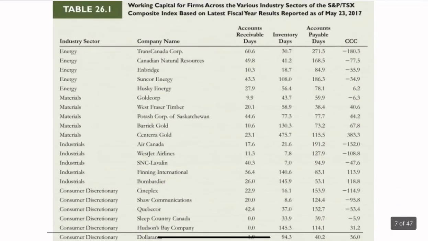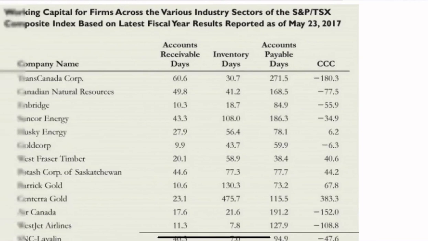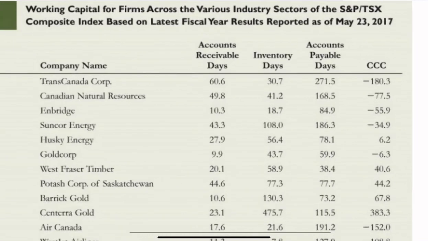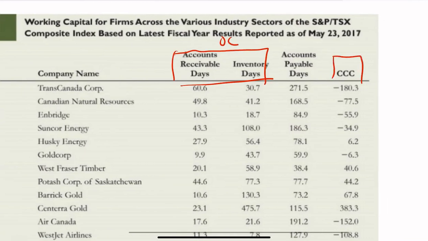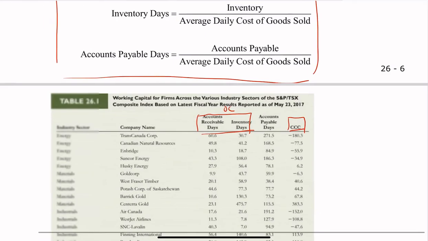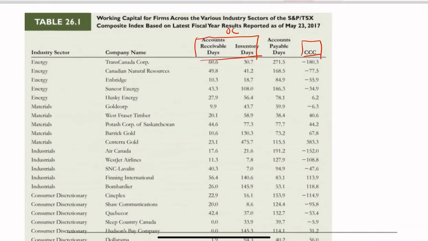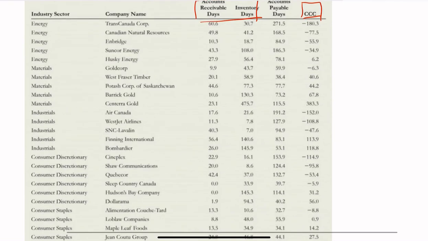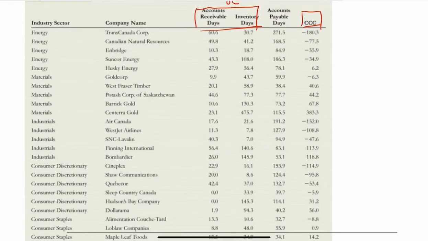Here this table gives us the operating cycle and cash conversion cycle for Canadian firms. First, what you can see here is the operating cycles between different firms are quite different, right?